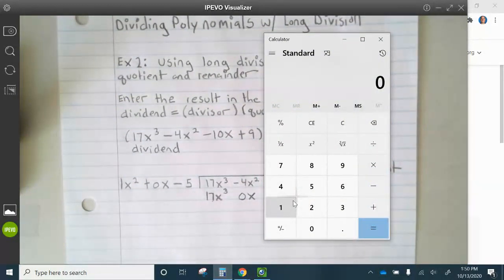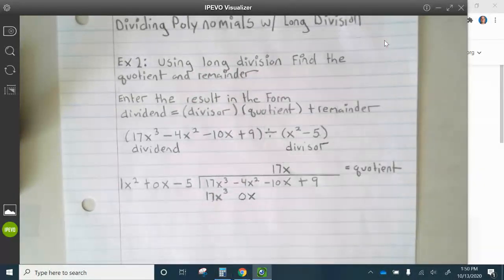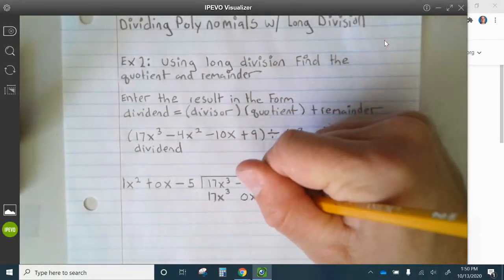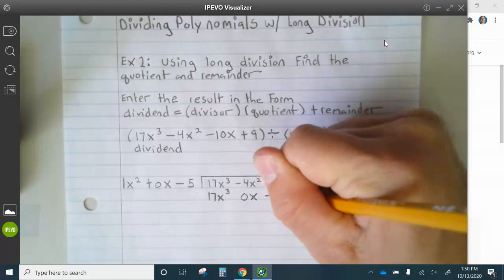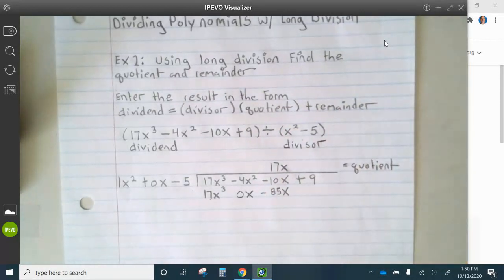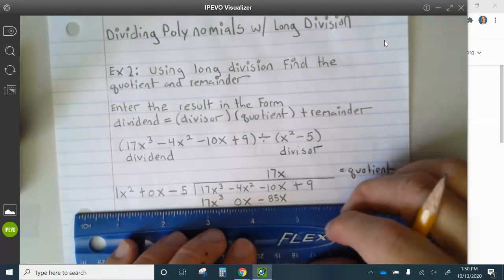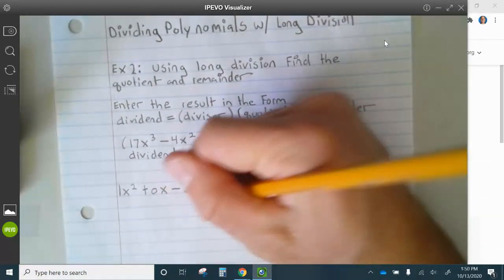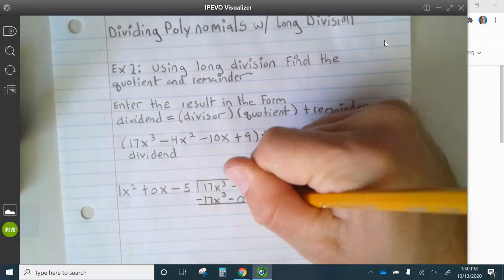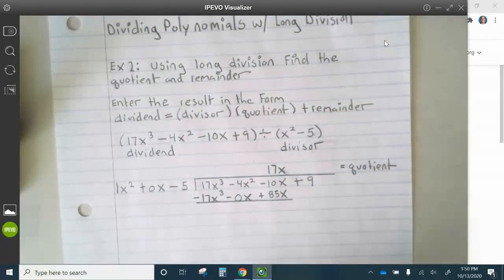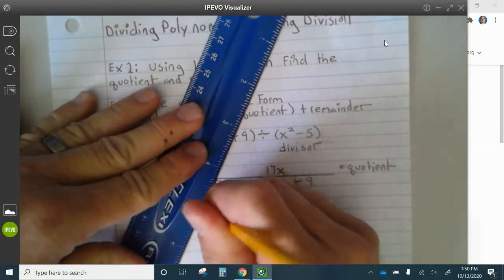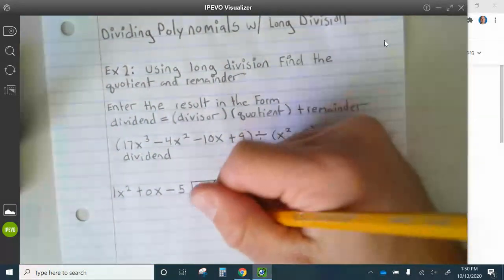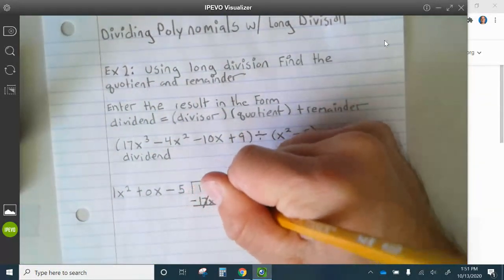Yeah, 85. So that's minus 85x. Okay, so now we subtract. You subtract a negative, that becomes positive. If you do this correctly, the first term cancels. You're left with negative 4x squared plus 75x.